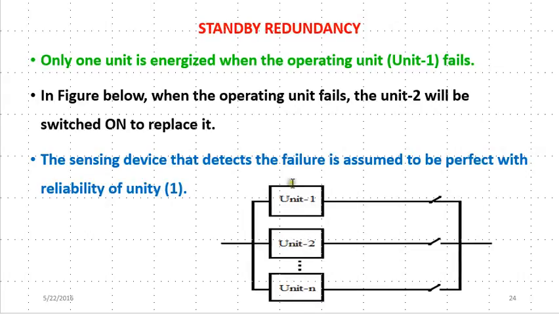And since this system needs to know when the operating one is not working, there is need of sensing devices that will sense the situation of the operating one. Once it sees that it has failed, then it will come on. And of course, we need a switching device that will activate this one after sensing the failure of the first one.